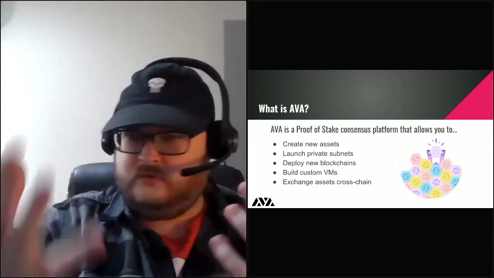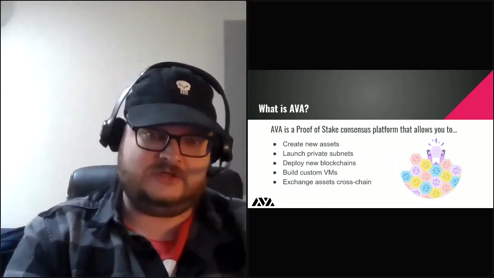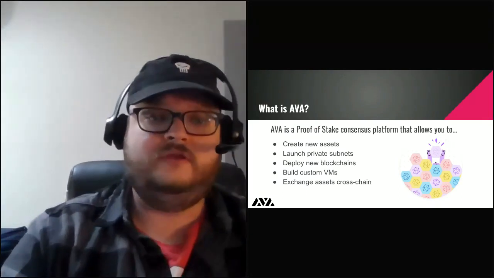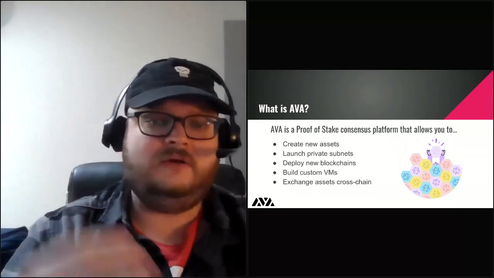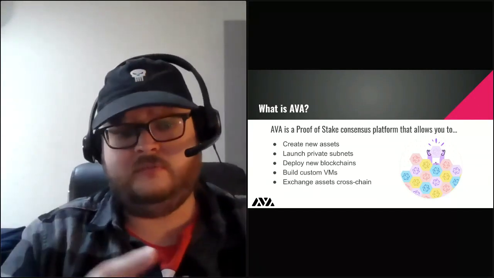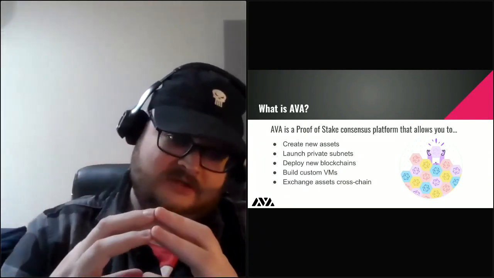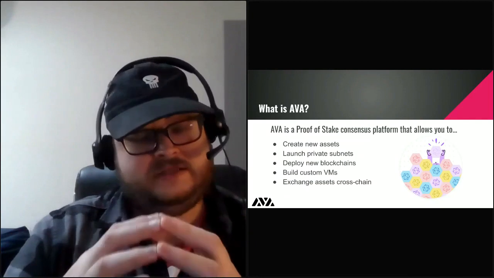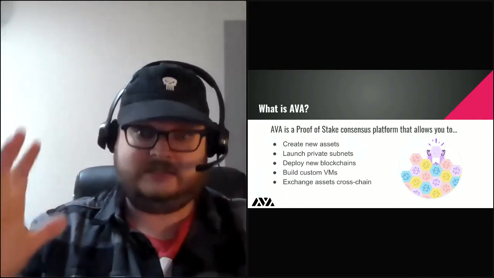You could create any kind of data structure you want. We have a DAG data structure, and we have blockchain data structures. Both of them operate under the Snow protocol family of consensus. Anybody can join the network, participate using that consensus mechanism, and deploy their own blockchains. You could create your own new assets, and you could create subnetworks, subsets of the overall validator sets in the system.